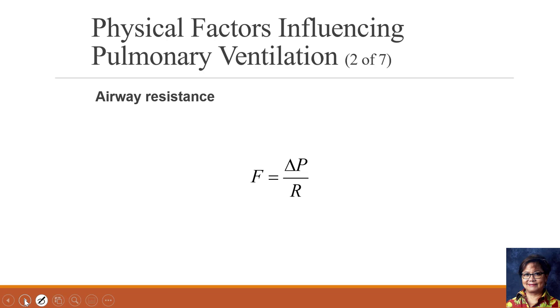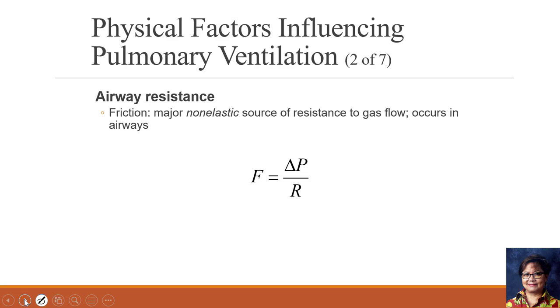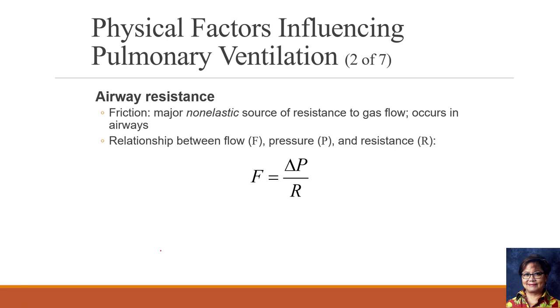Okay, let's take a look at airway resistance. This is really nothing but friction. The major non-elastic source of resistance to gas flow always occurs in the airways. And the relationship between the flow, which is F, and pressure and resistance is shown right here in this particular formula.